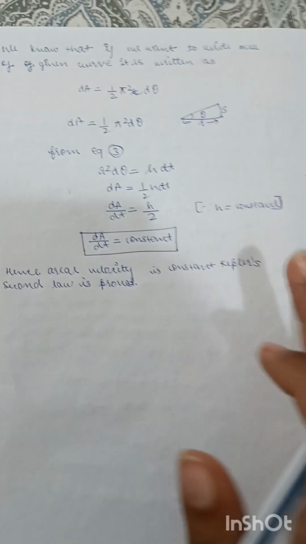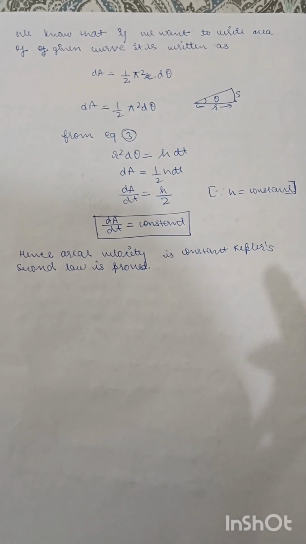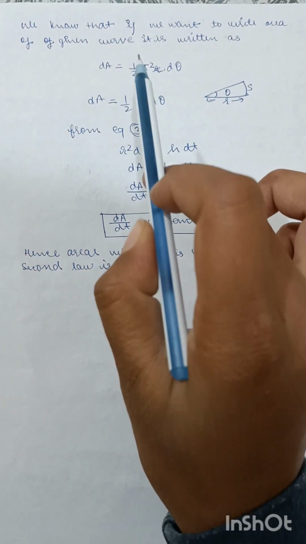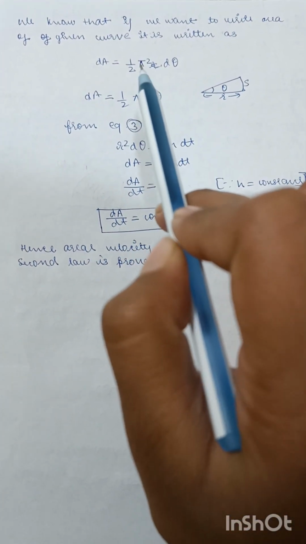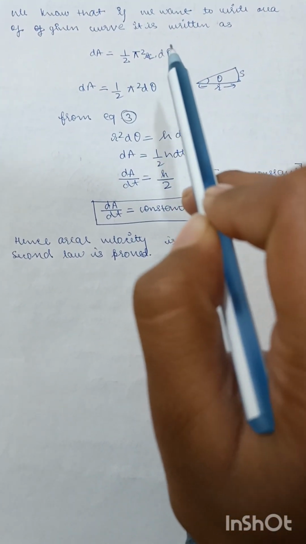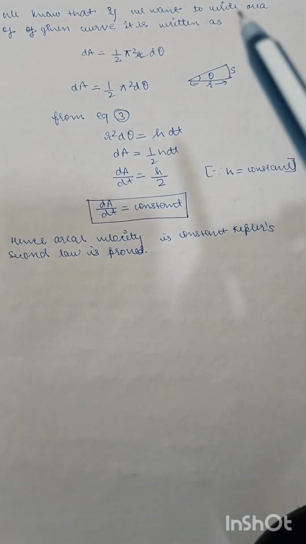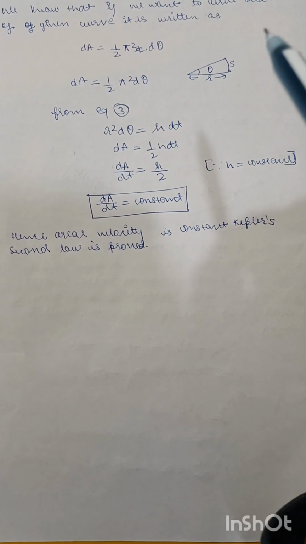Now we know that the area of a given curve is written as dA equals 1 upon 2 r square d theta.